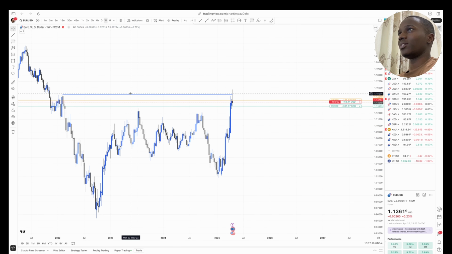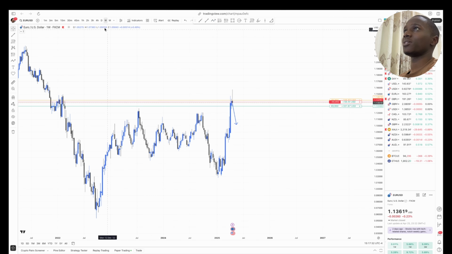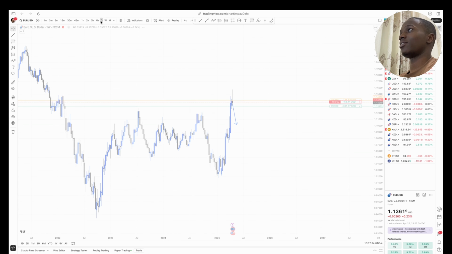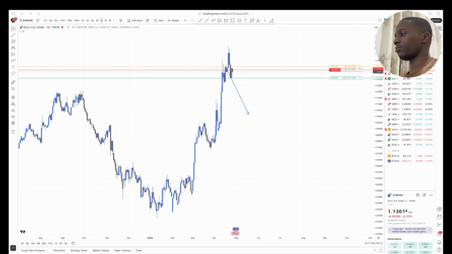And with that, we might have an overall bias of bearish, where we would anticipate the market to come and fill this gap. Then maybe if it's to go higher, it goes higher, but really don't have much for the Euro USD. Let's go to the daily and have a clear view of it.